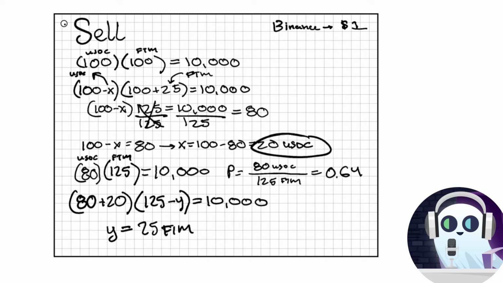So the arbitrager put in 20 USDC and they got 25 FTM. And then they sold that 25 FTM on Binance for $1 each, so they got 25 USDC out of that. So they instantly made a profit of $5. That's what arbitrage looks like.